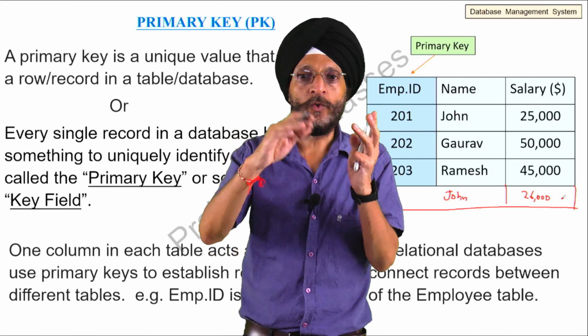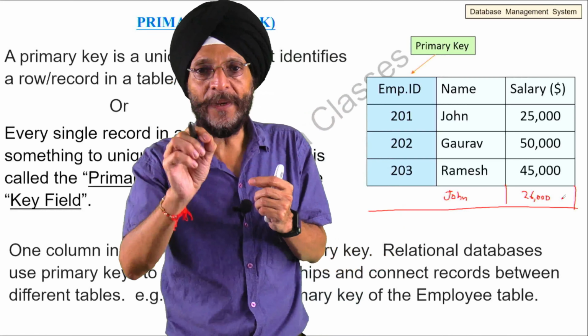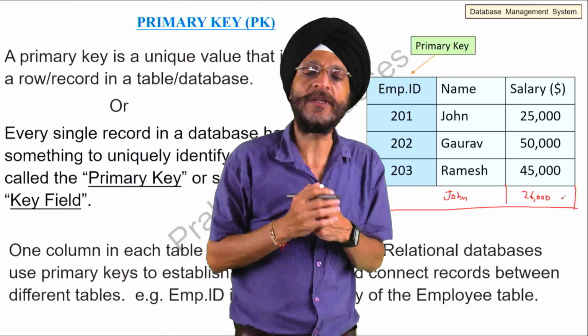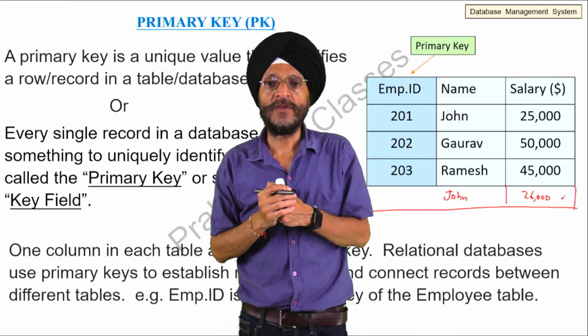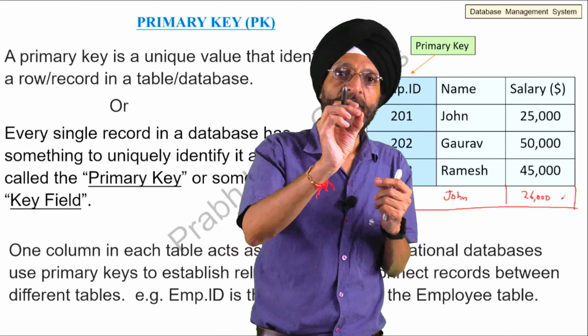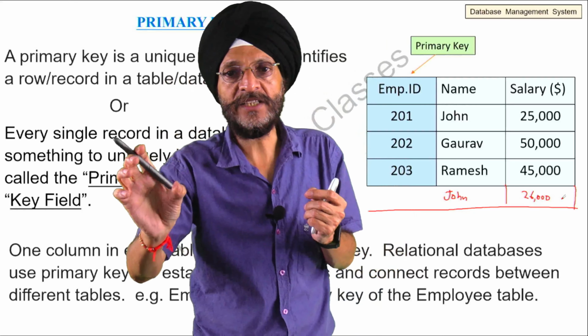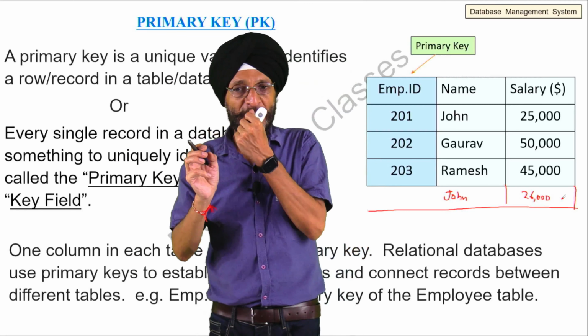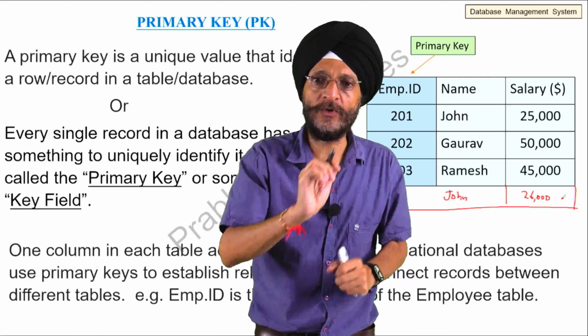So here to recognize or to pinpoint or to uniquely identify one particular employee, we allot an employee ID to each employee so that we can uniquely identify a particular employee.